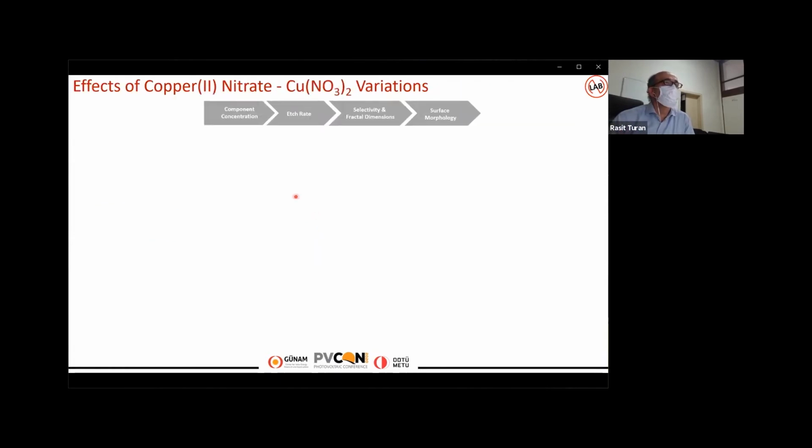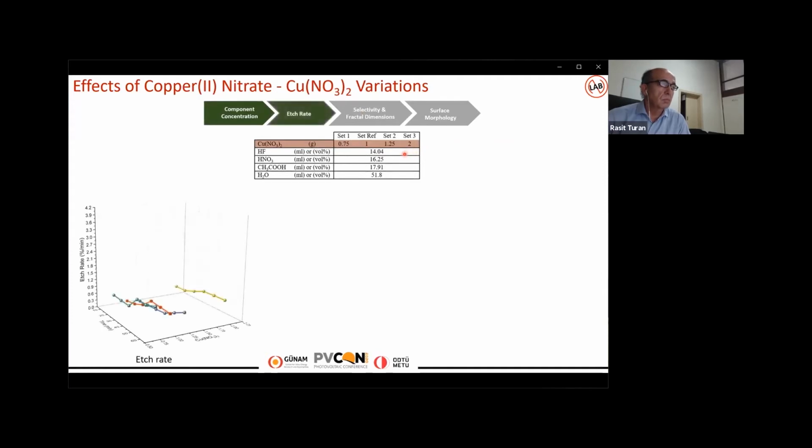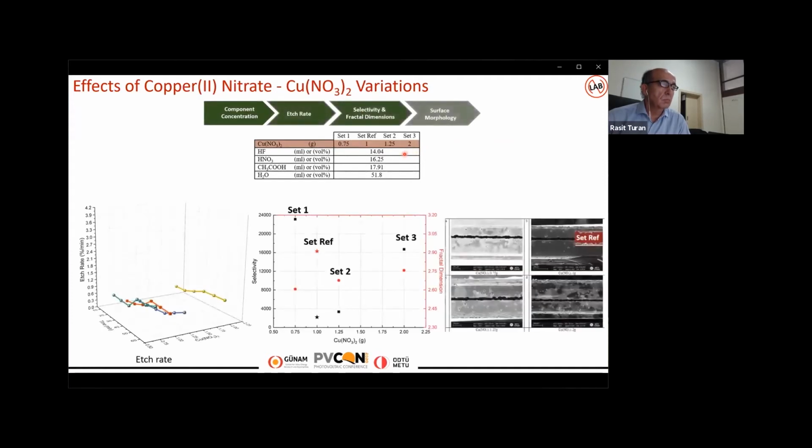Here is the effect of the amount of copper nitrate variation on the chemical process. The concentrations of the hydrofluoric acid, nitric acid, and acetic acid were kept fixed, and the amount of copper nitrate changed from 0.75 gram to 2 gram. So you can see the etch rate graph, selectivity, and the fractal dimension, I mean the surface morphology.